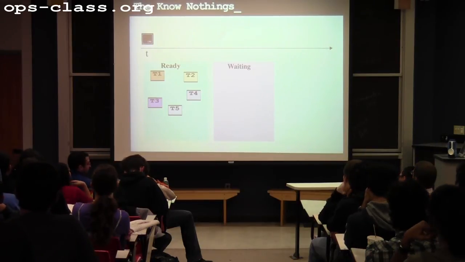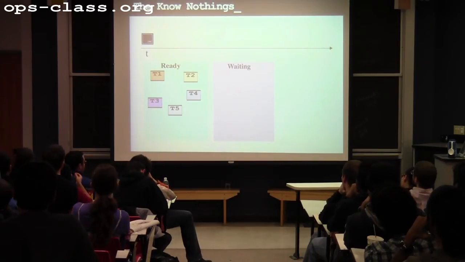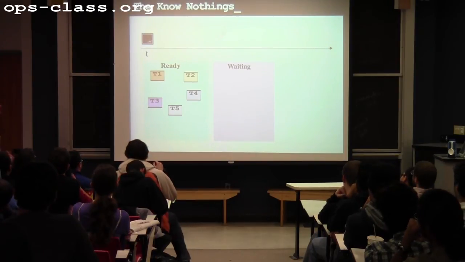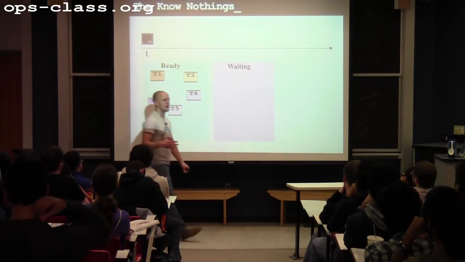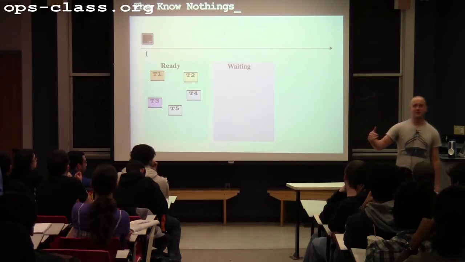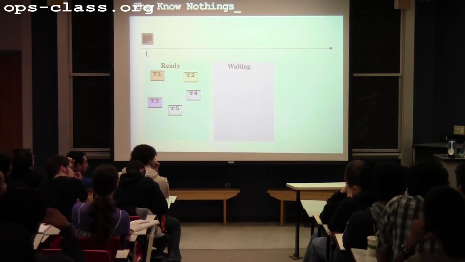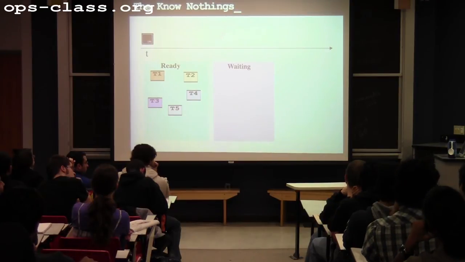So this is the easiest one to implement. This is an example of the simplest thing you could do. Without any other information, right? Let's say I blindfold you, and I say, you are the thread scheduler of your system. What is the simplest thing you can do that requires no extra information?